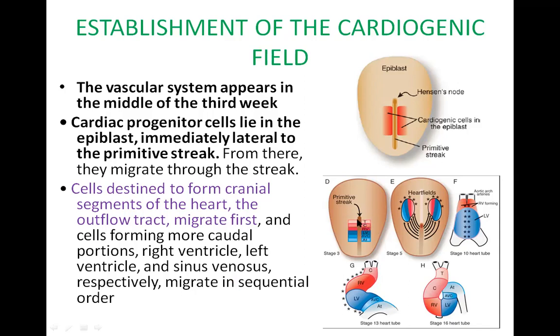Now the cells which are destined to form the cranial segments, that is the truncus and the outflow tract, will migrate first. And the cells forming the more caudal portions, that is the right ventricle, the left ventricle and the sinus venosus, will migrate sequentially. So the cells forming the heart will migrate in a cranio-caudal fashion.